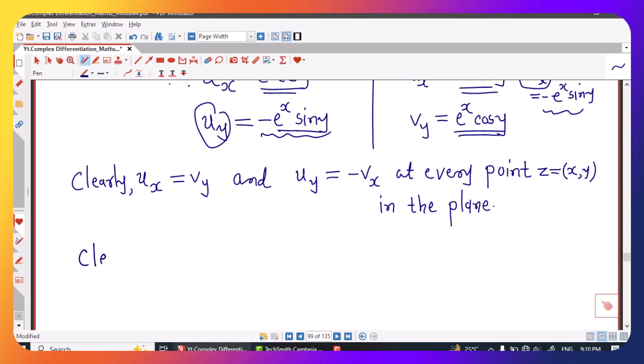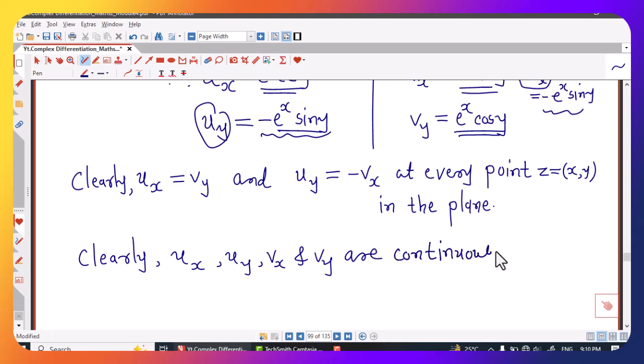So we can write continuity condition also clearly: del u by del x, del u by del y, del v by del x and del v by del y are continuous at every point. They are continuous at every point z equal to ordered pair xy in the plane.